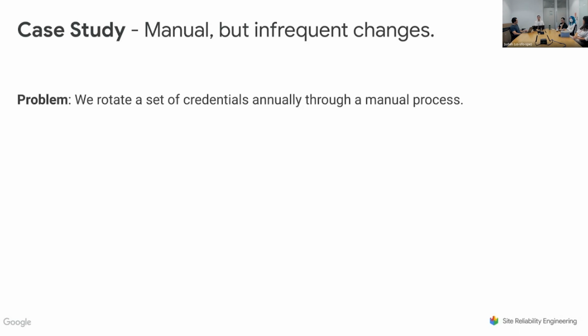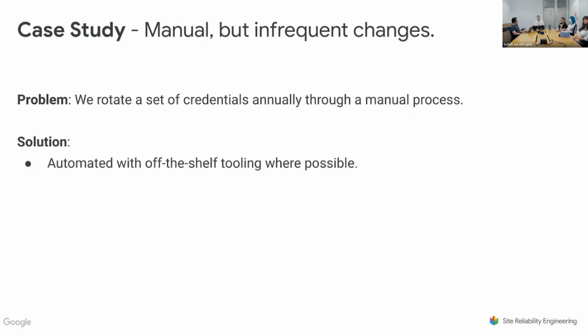Also, like many teams, we automate the rotation of every single key that we can. And Google has tools that we built internally that just off the shelf, you say, hey, I want a key and I want you to rotate it every month for me. And the tool will just do it.